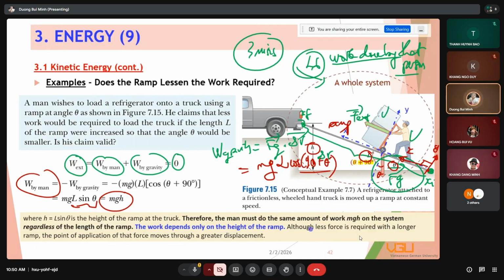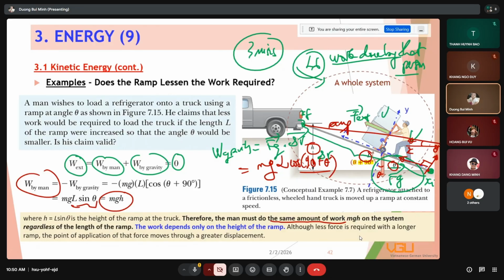So the man must do the same amount of work regardless of the length of the ramp. If we have smaller angles, we also have the same work done by the person. Just a very common application of work.